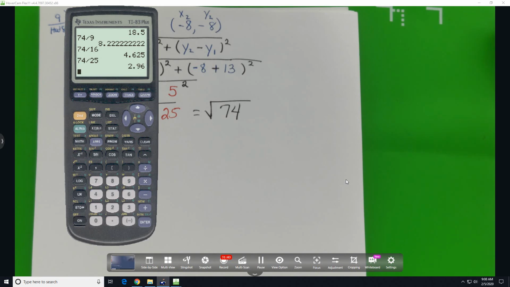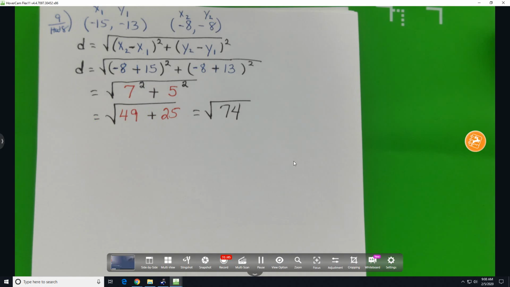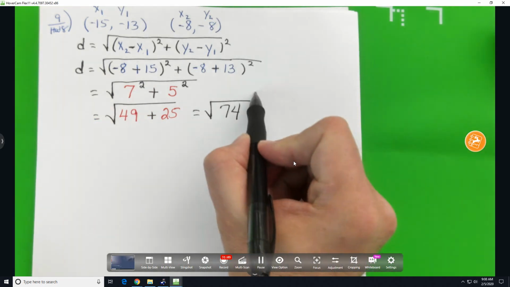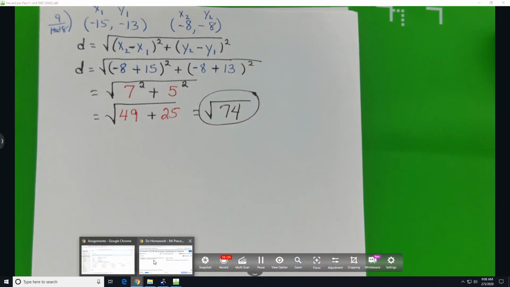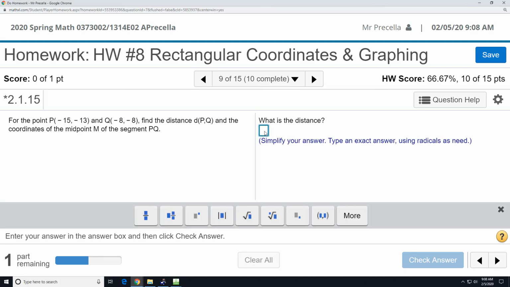Neither of those are perfect squares. So we just leave it as square root of 74. Patch that in. The square root 74.